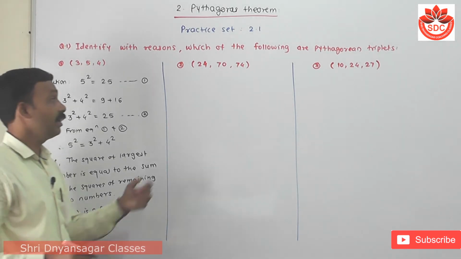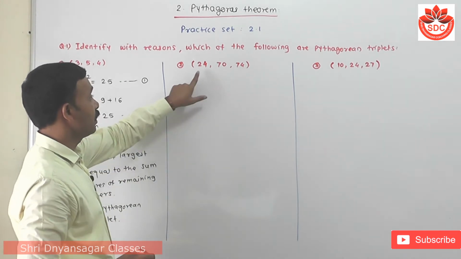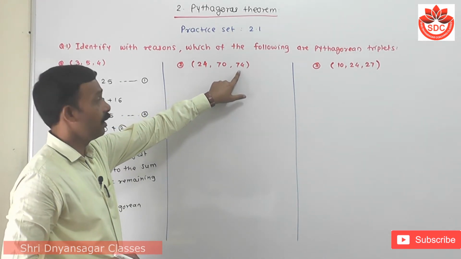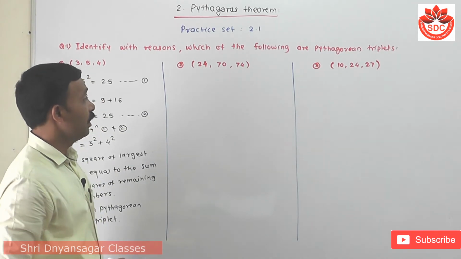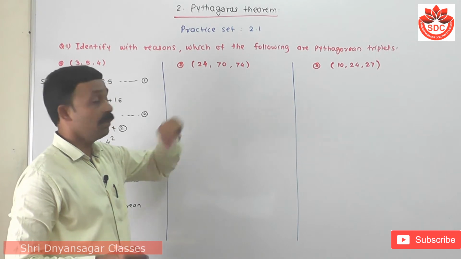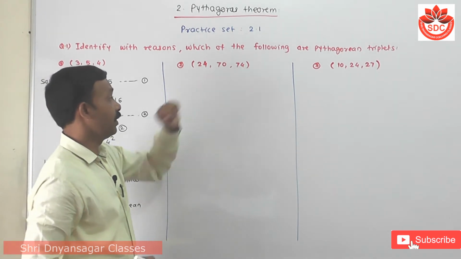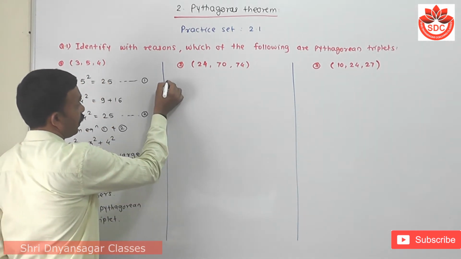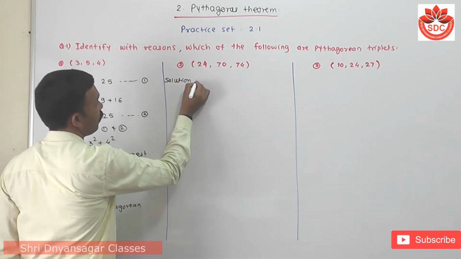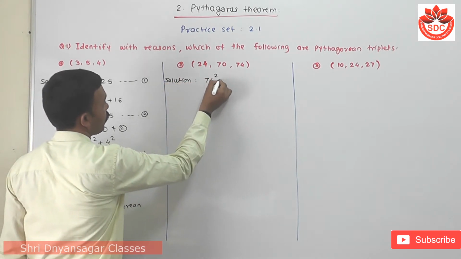Okay. Then the next example is 24, 70 and 74. Now observe carefully in this example, the bigger number is 74. So first I have to find the square of this bigger number, 74 square.